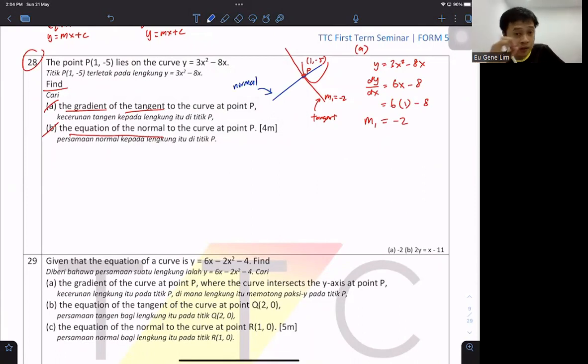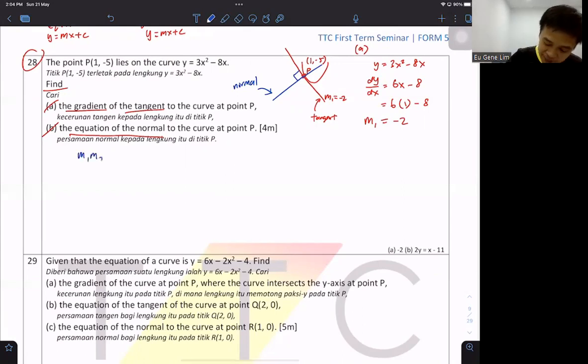And then we know the normal is 90 degrees with the tangent, right? So now you want to find the normal equation, then you need to have the normal gradient. You want to find the equation, you must find the gradient first. So m1 m2 equals negative 1. This question B, m1 is negative 2.